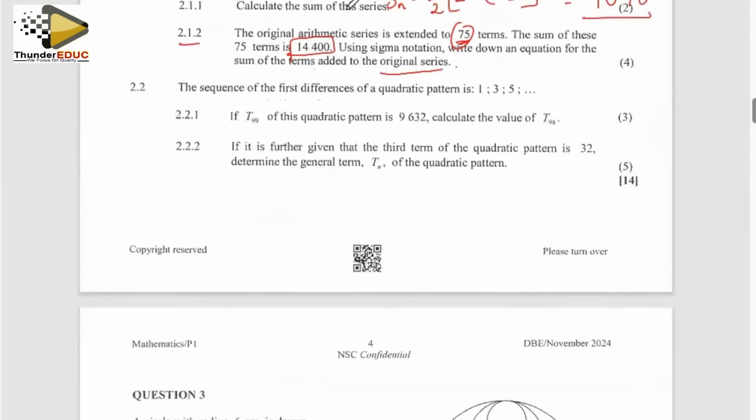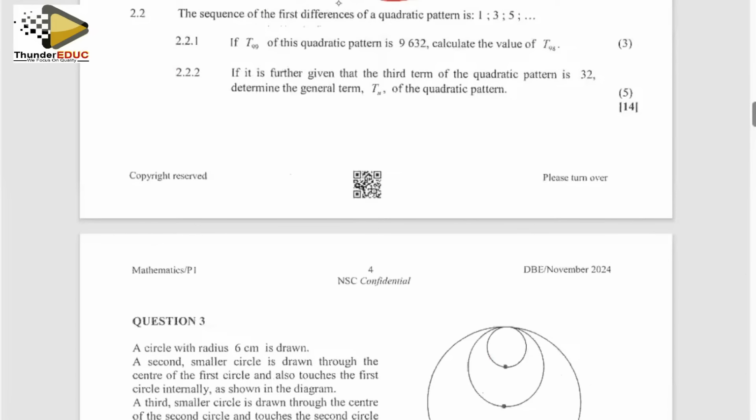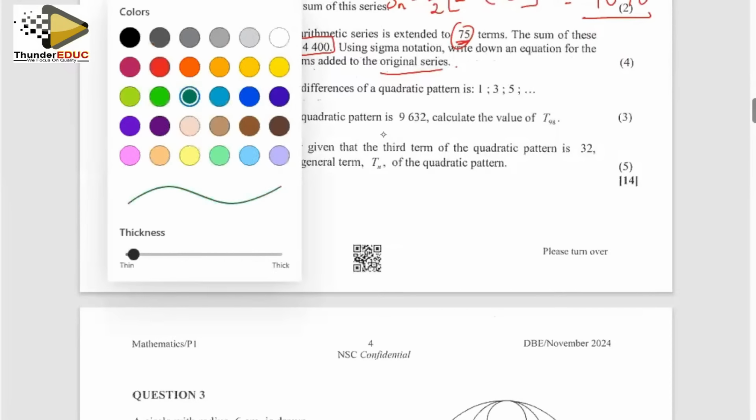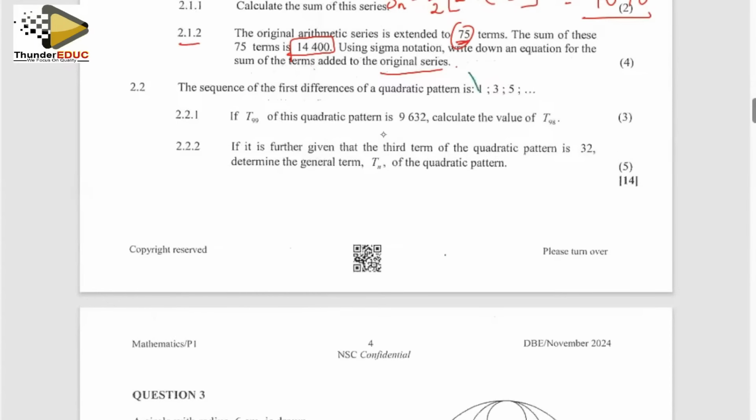Then 2.2, the sequence of the first differences of a quadratic are given as 1, 3, 5, and so on. Let me use green. So which means we have terms there, 1, 2, 3, and so on and so forth.